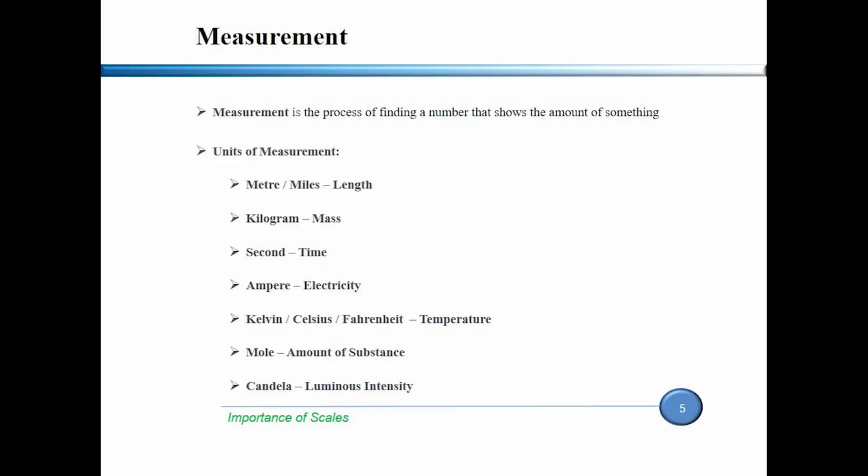Now, there are different types of scales. Before going into the types of scales, we need to consider what a scale is in the form of length, weight, mass, and temperature measurement. These are the units of measurement, and the units of measurement are also important for us.